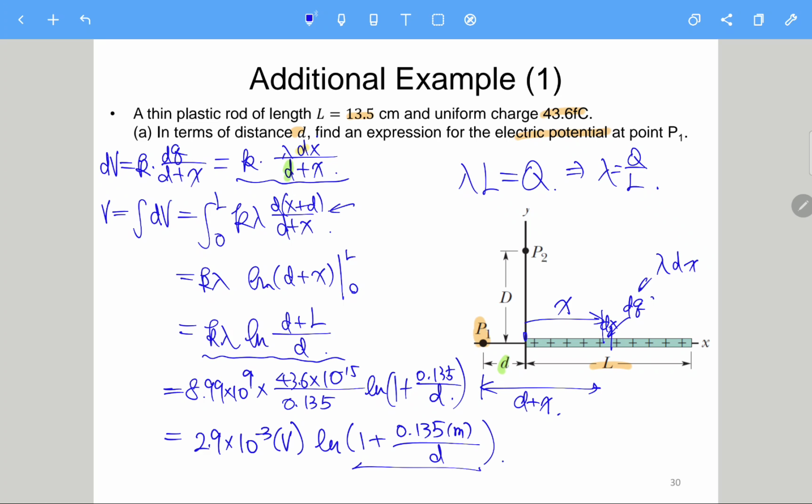Within the natural log, there shouldn't be any unit or dimension, so we only have dimension for these parts. Any questions?